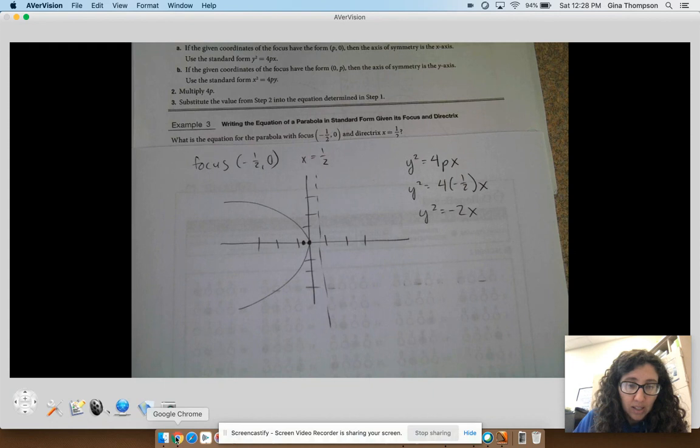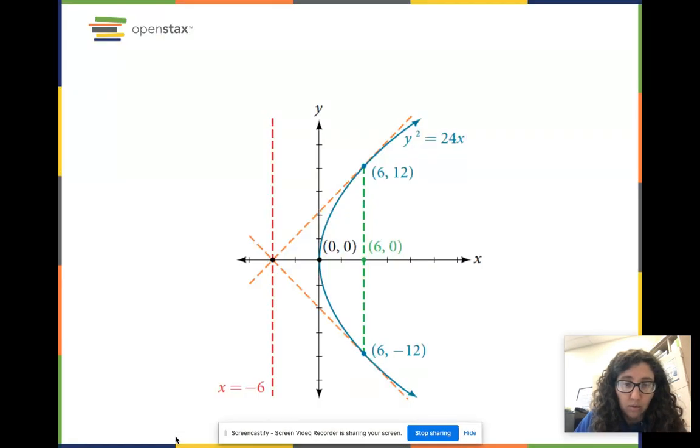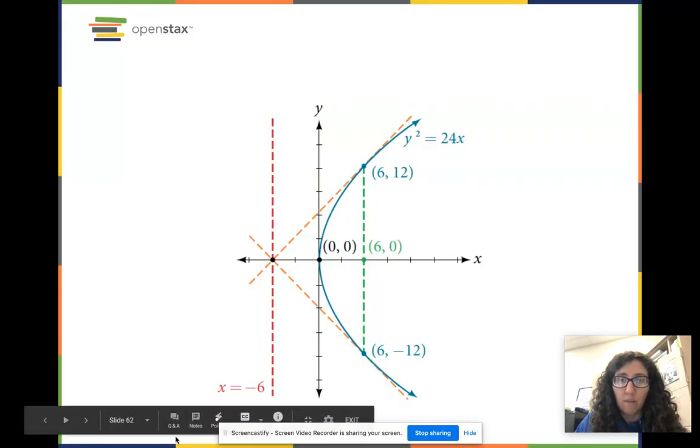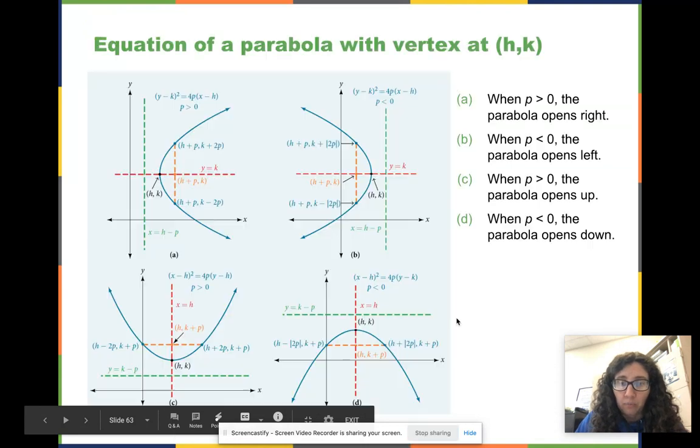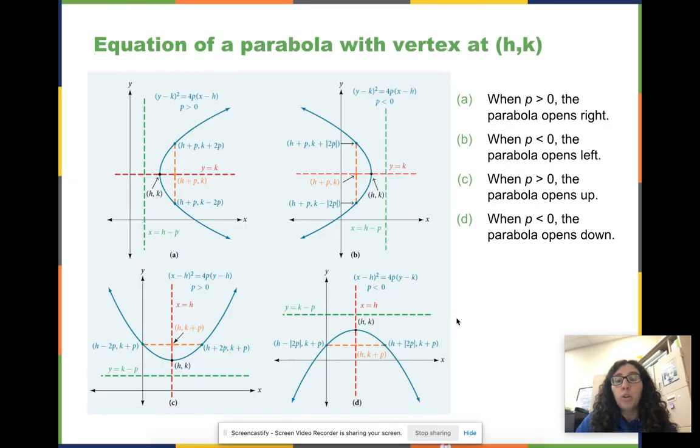Okay, let's go back here. All right, so we've been talking about parabolas with the vertex at the origin, but what if they're shifted, right? Just like before, if the vertex is at (h, k), we have x minus h and y minus k.